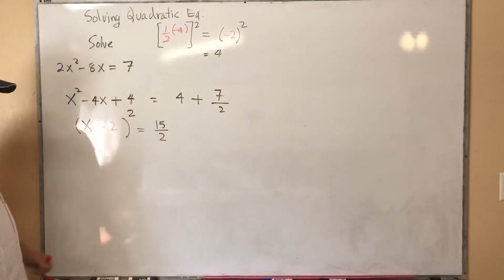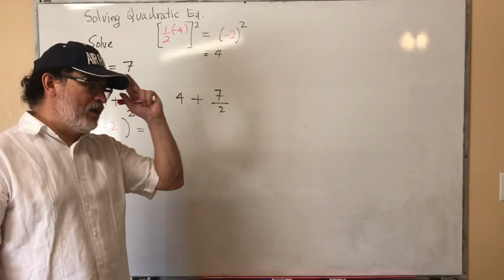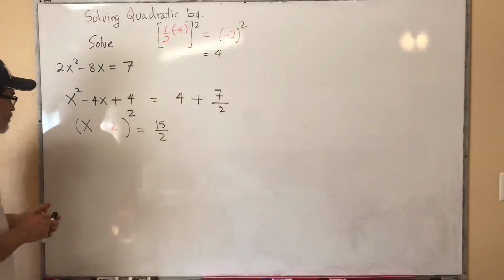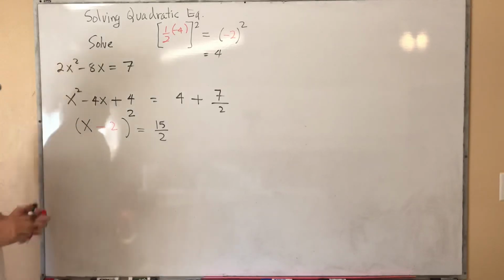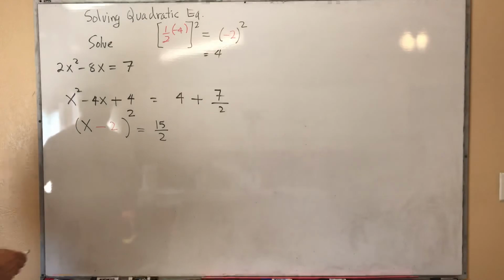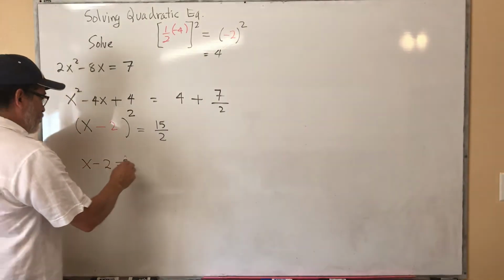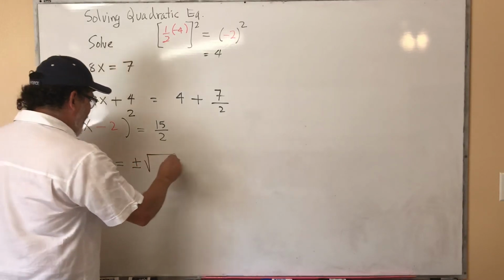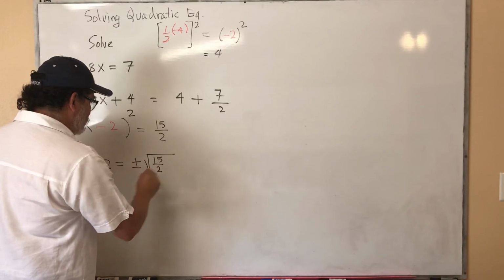Now, by the power of the, what do we call it? The square root property. By the power of the square root property, oh, not in red, guys, not in red, okay? By the power of the square root property, x minus 2 equals plus minus the square root of 15 over 2.